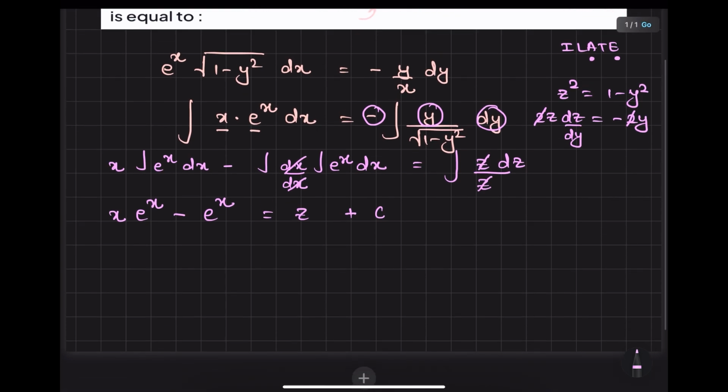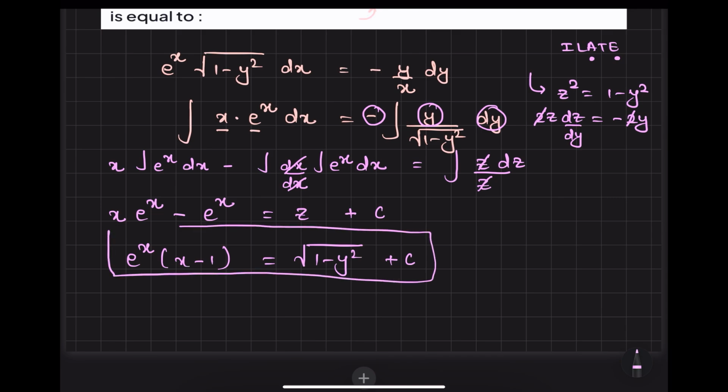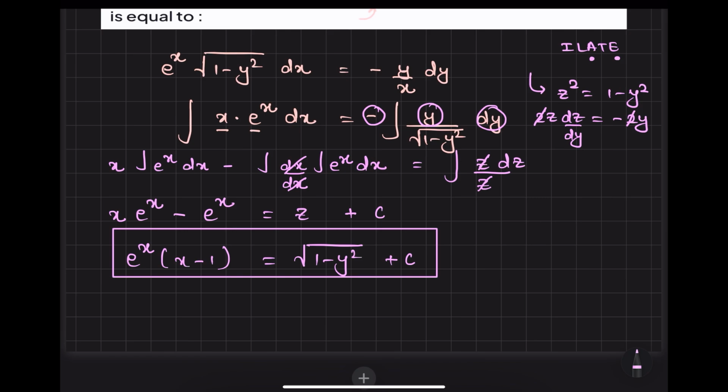So who is z? Look at here. Can I write e power x times x minus 1 is equal to, who is z? Z is root over 1 minus y square. From here you can take the value of z plus integration constant c. So this is our function. Now we have to calculate integration constant c.